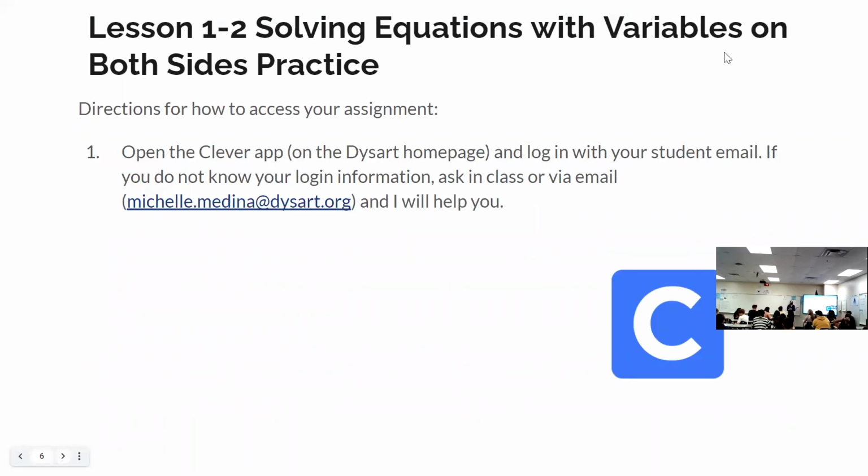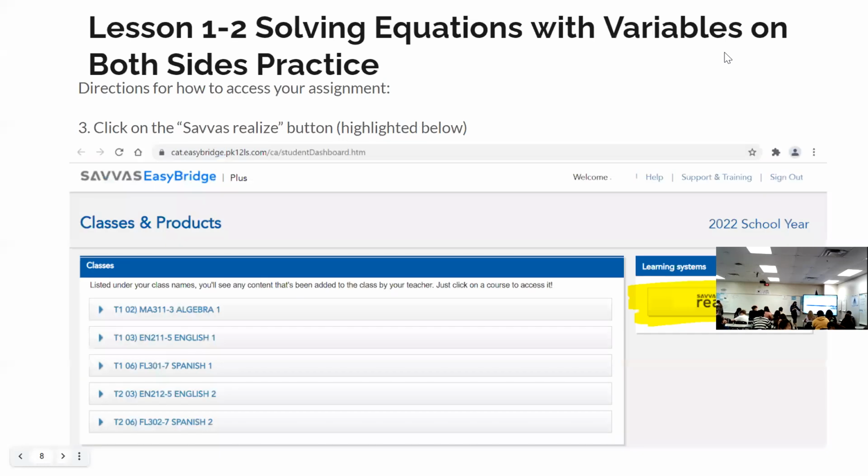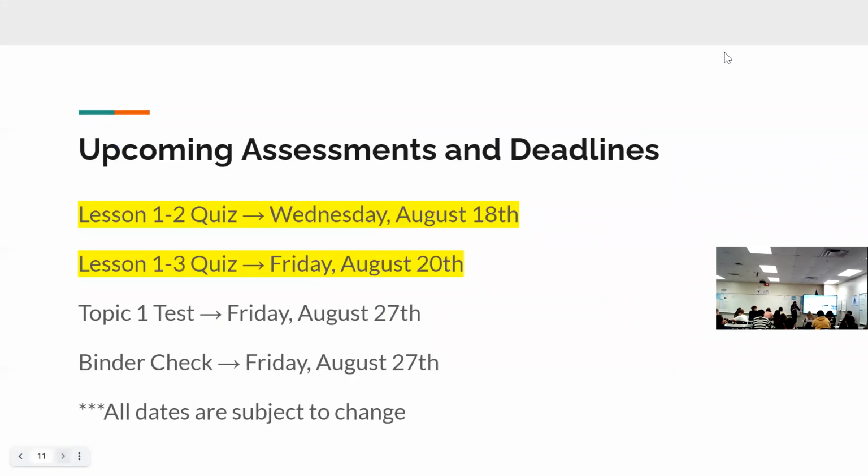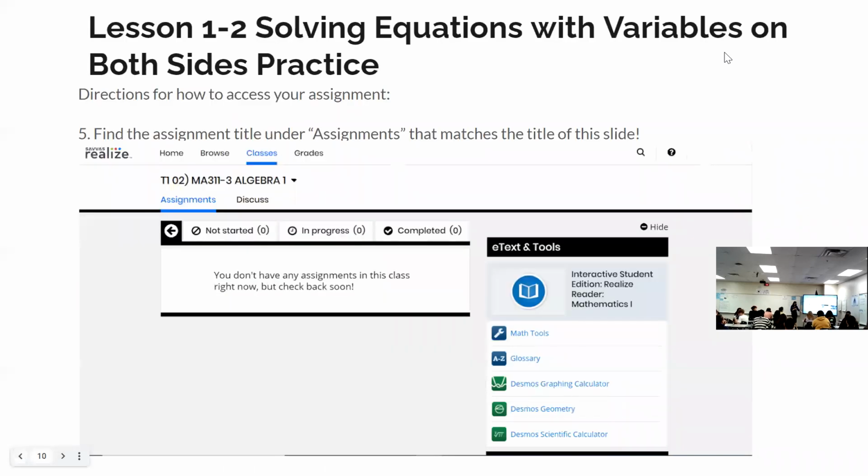Here's instructions in case you forget how to access the homework. So there's no excuses for why you don't know how to access it. The hope is that pretty soon I'll be able to just put whatever score you're getting into the grade book. So it'll start being graded for accuracy.